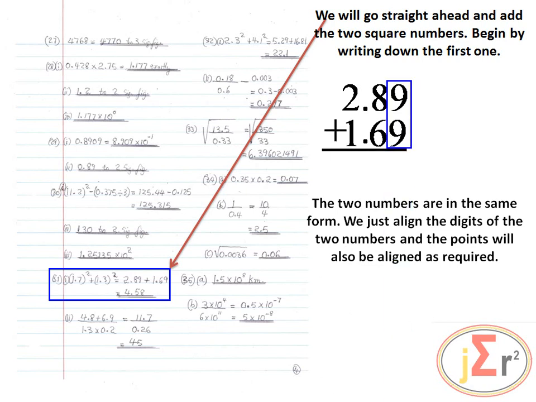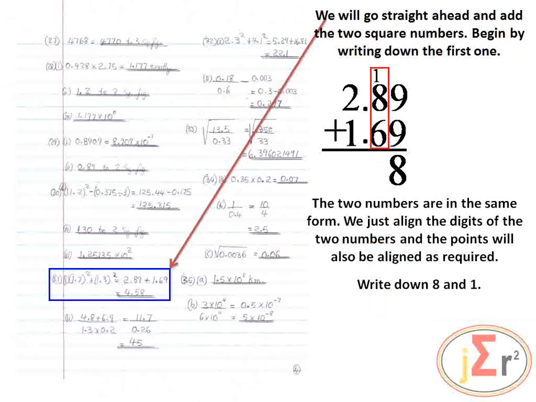Add. 9 plus 9 is equal to 18. 8 carry 1. The one that we carried will not be left out. 1 plus 8 plus 6 is equal to 15.